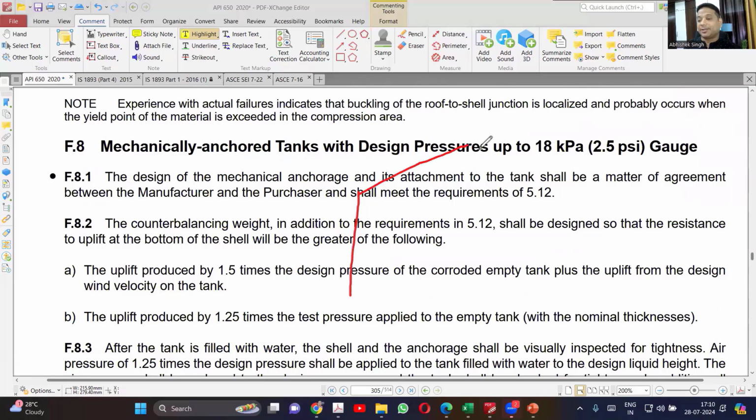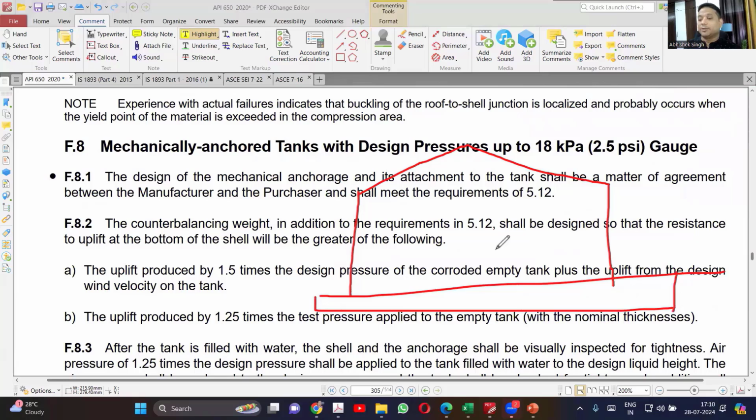So for this case, what it is considered is that if this is my tank, this is the bottom plate. So because of internal pressure, if this joint is failing, okay, then there will be uplift. Okay. It will move up. Okay.